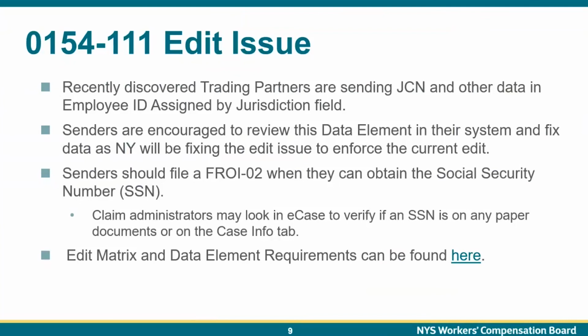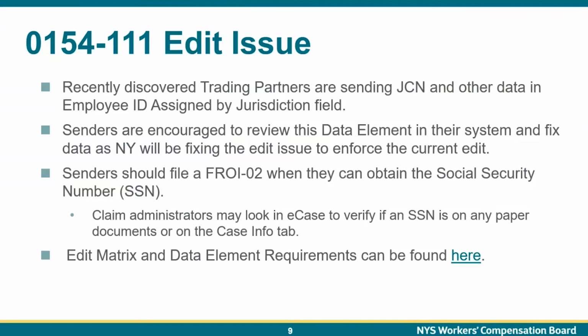We discovered there was an issue with the edit for that field, as those who do submit the employee ID assigned by jurisdiction will know that we have that algorithm in place. Senders are highly encouraged to review that data element in their system and fix that data, as New York will be fixing the edit issue to enforce the correct edit, which is using our algorithm.